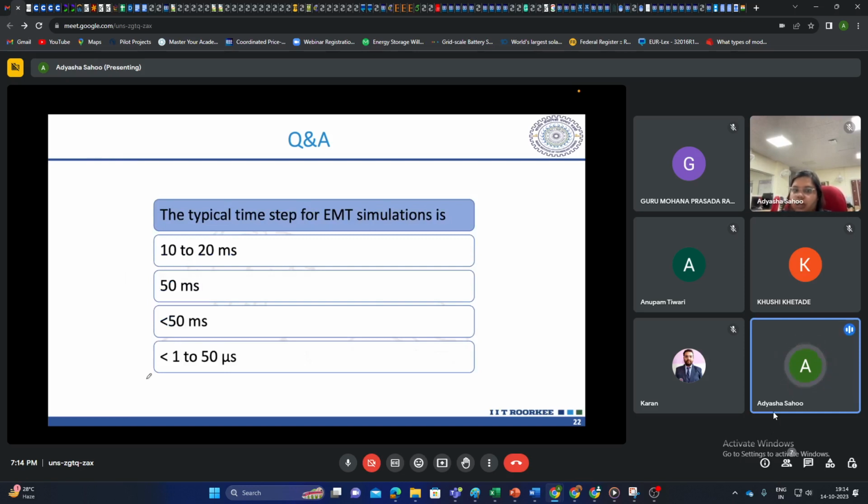Then the typical time step for electromagnetic transient simulations is 10 to 20 milliseconds, less than 50 milliseconds, or 1 to 50 microseconds. So these are very fast time step simulations, right? Any guesses?